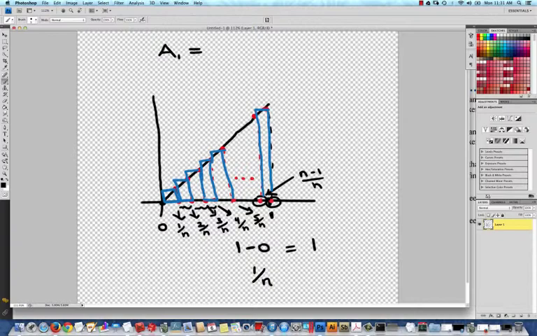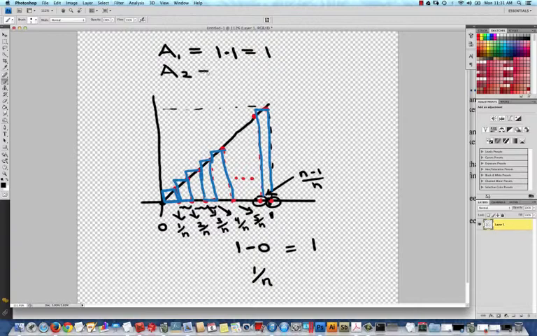So the area formula, again, is going to be, I'm going to take the base times the height, because I'm going to use the whole thing here as a rectangle. Let me go ahead and dash this out. This represents A sub 1, all this rectangle. So the base is 1, and the height is 1, which is 1. So A sub 1 is 1 times 1, which is 1.